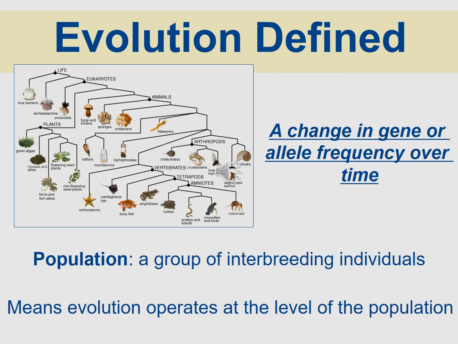You'll see many arguments against evolution that will be something like, oh, why don't you just go ahead and grow another arm? Well, that's not how evolution works. You have changing frequencies over time. Individuals are agents, but we have to measure this with groups of people.